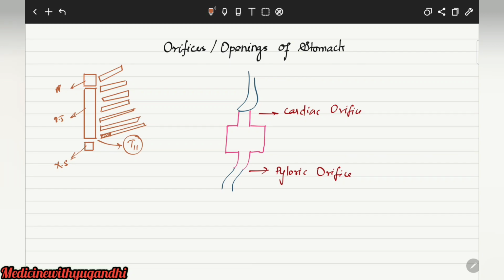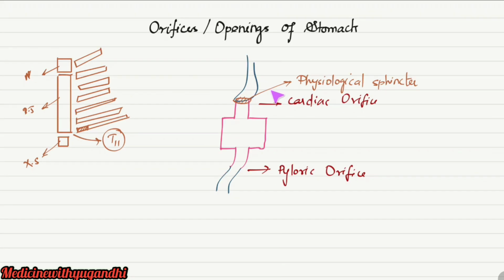And of course, at the junction of the lower end of the esophagus and the cardiac orifice, there is the presence of a physiological sphincter which prevents the backflow of the contents from the stomach to the esophagus. There is only a physiological sphincter and there is no anatomical evidence for the presence of a sphincter over here.